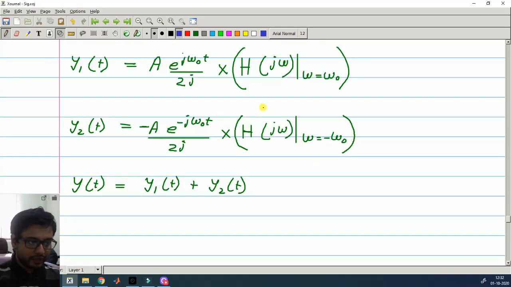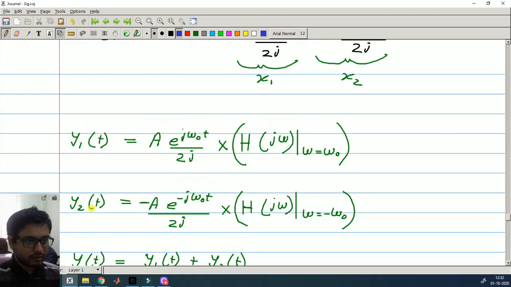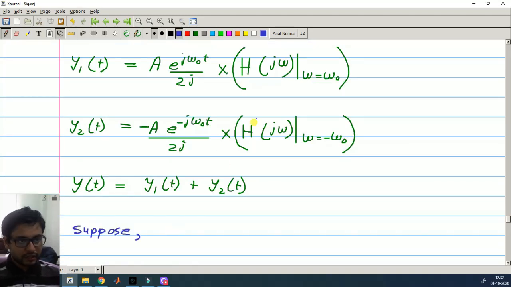For example, suppose H(j omega) at omega naught, so H(j omega naught), this is a complex number with magnitude m and angle theta, which you may also write as m e to the power j theta.